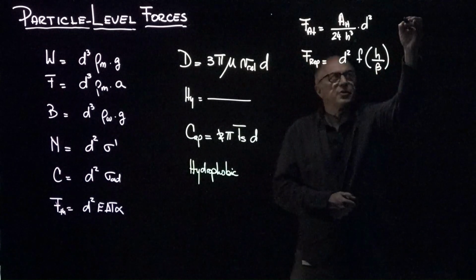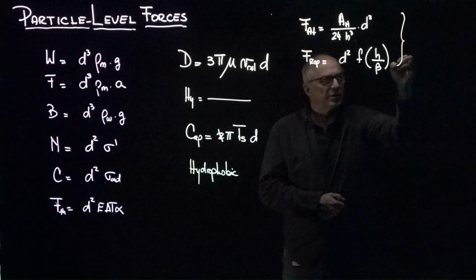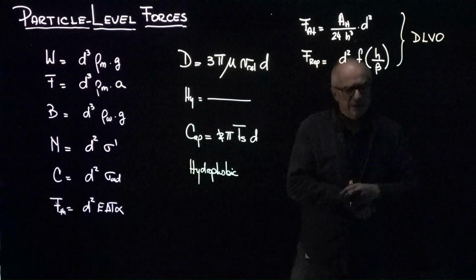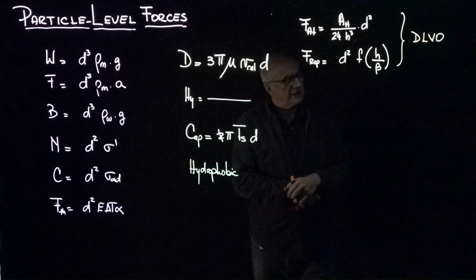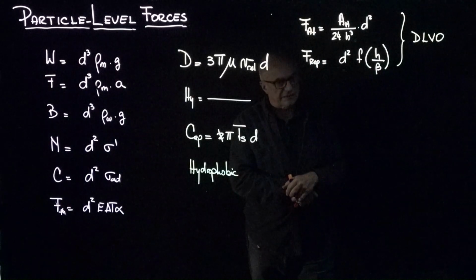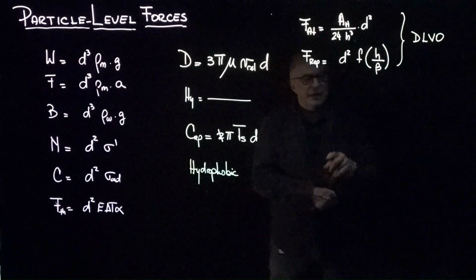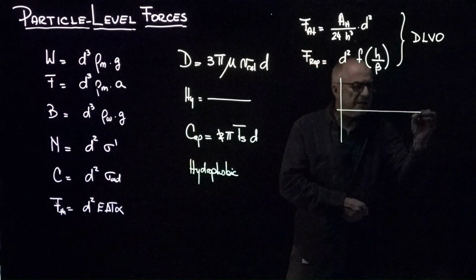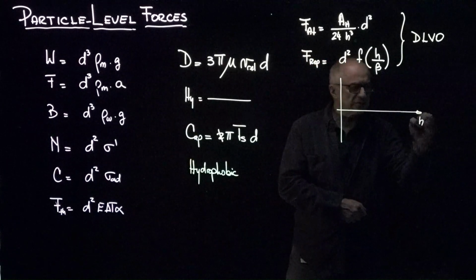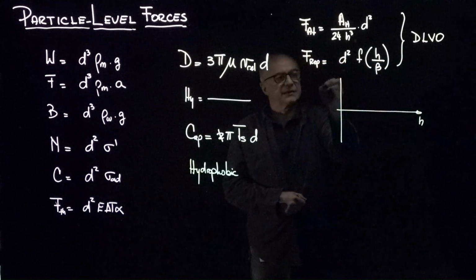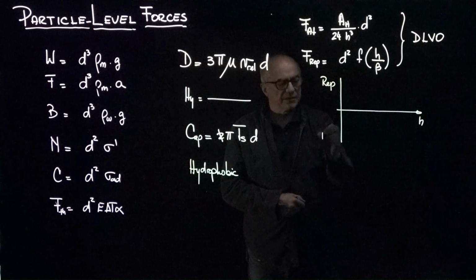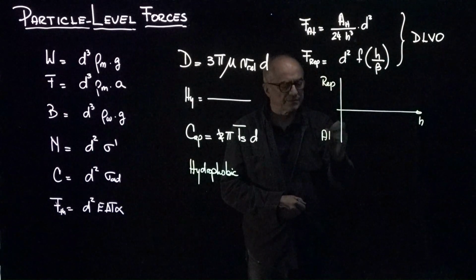When we superimpose these two forces together, we have something that is called the DLVO theory, which are the initials for the four scientists that developed the theory. And when I plot them, it looks something as follows. Here I put the separation between particles h, and let's say that at the top repulsion prevails, at the bottom attraction prevails.